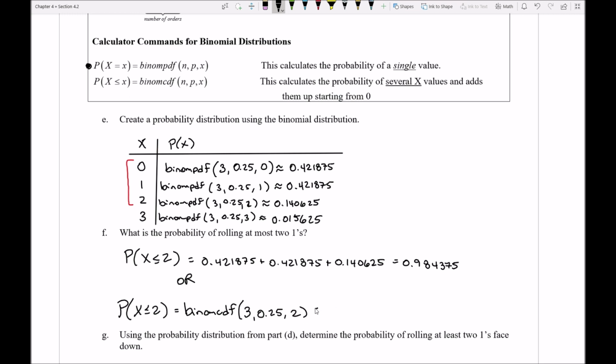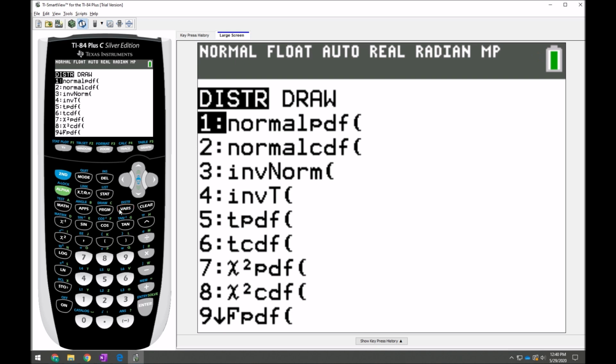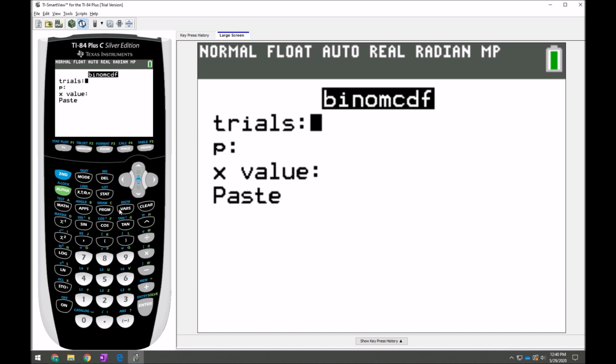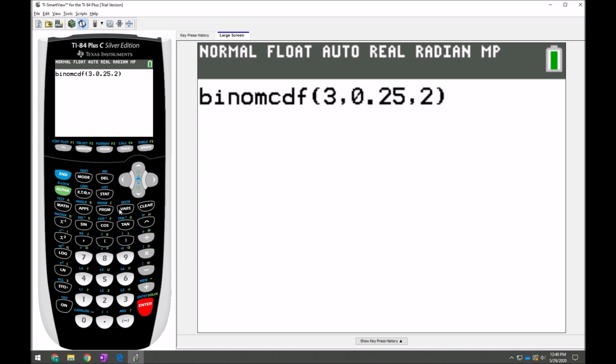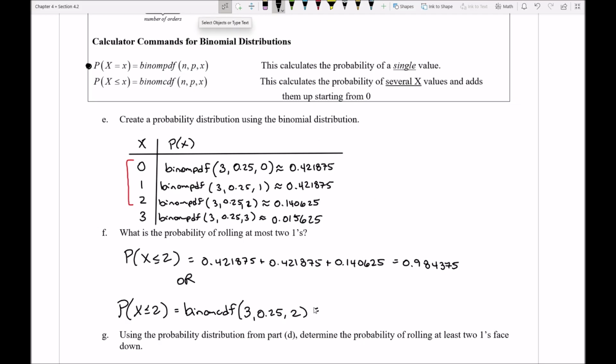Notice that when I do this, if I go to the calculator, what I'll find is that over here, I click on my second distributions menu, I go down here and I select my binom CDF, so make sure it's CDF this time, 3, 0.25, and 2, and the number that it gets back for me immediately is going to be my 0.984375, which you'll notice is exactly the same value that I had before.